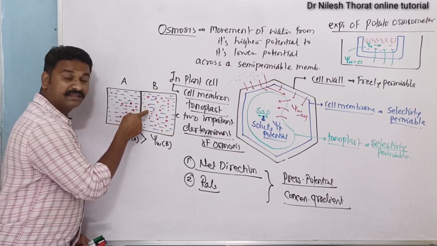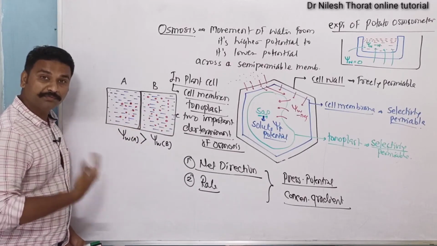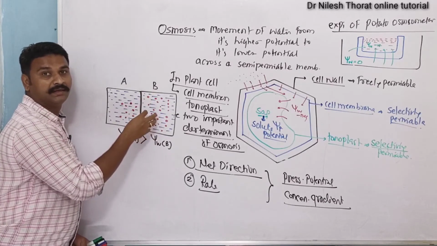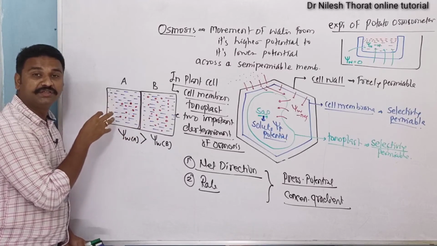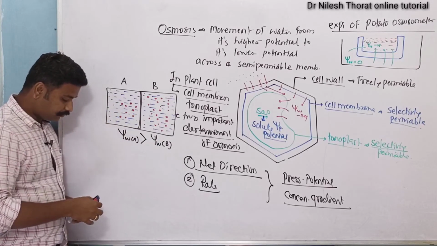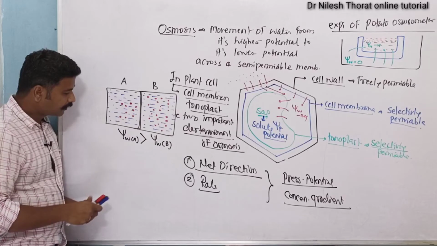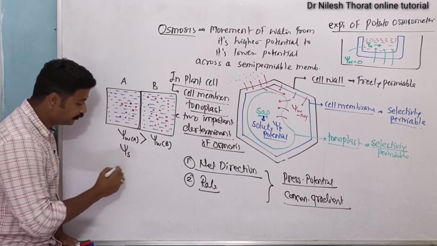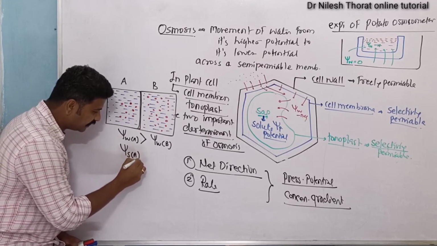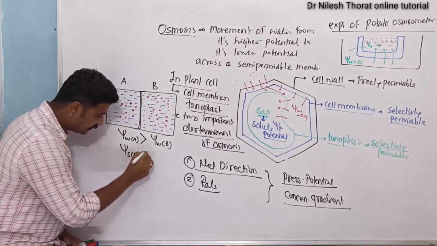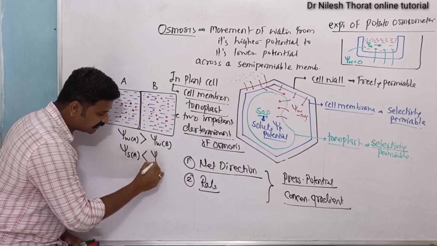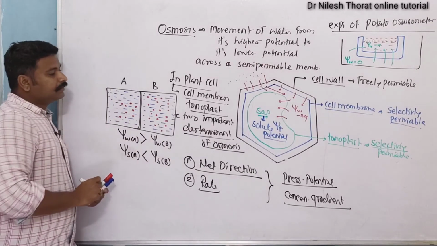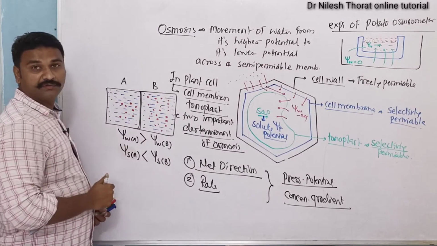System B has more solute, so the magnitude of solute potential of system B is more compared to the solute potential of system A. So we can write psi S, that is solute potential of system A, is less compared to psi S of system B. Solute potential is always negative.